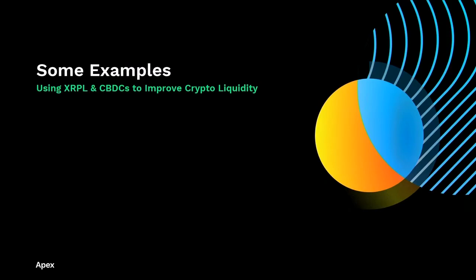So I want to shift a little bit to some examples of how CBDCs can work together in the XRP Ledger community and why this is good for everybody. You've probably seen in the news recently, El Salvador recently made Bitcoin legal tender. El Salvador was actually dollarized in 2001.